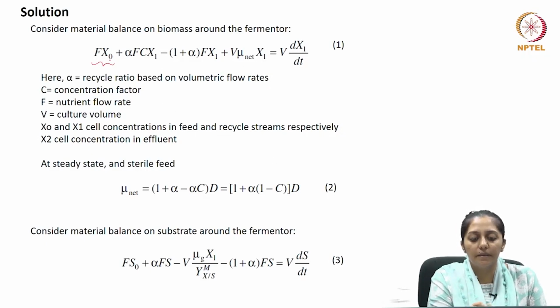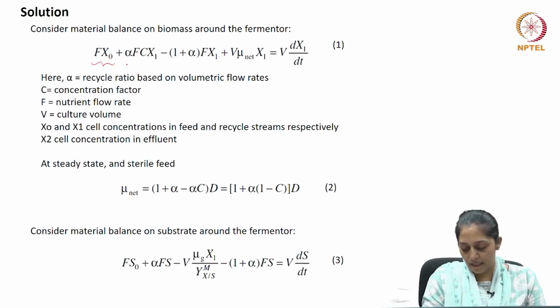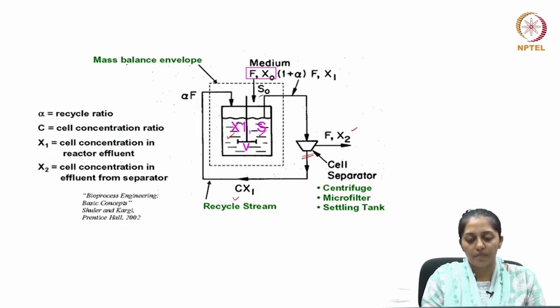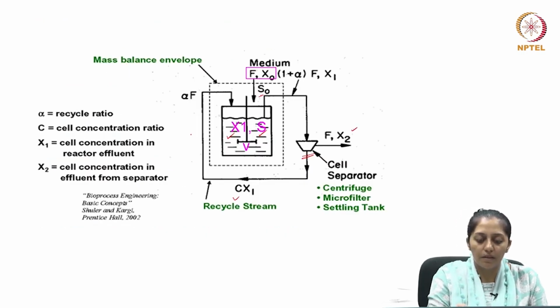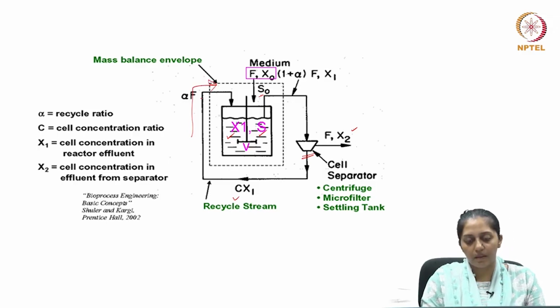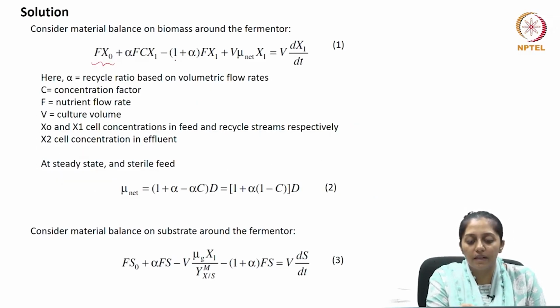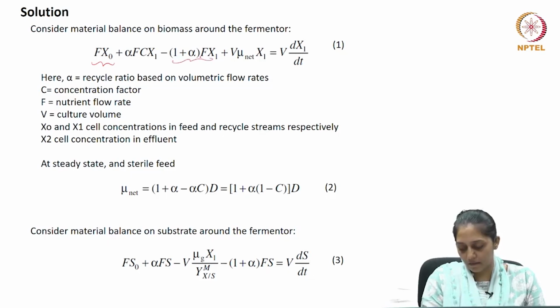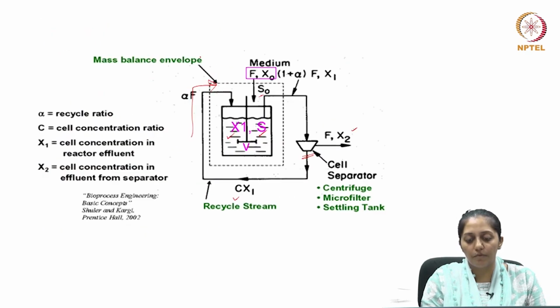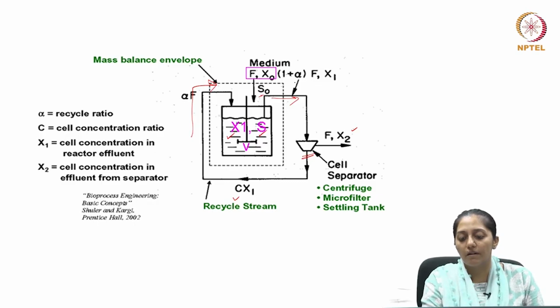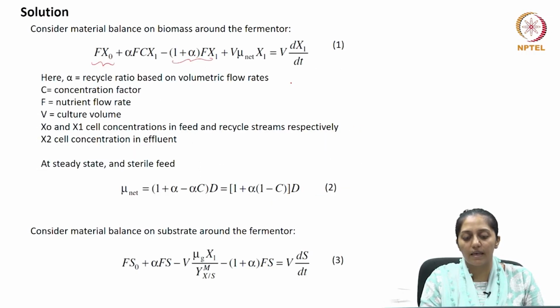So, this is the inlet term. Alpha F Cx1 is another inlet term, coming from the recycle stream, and this is the rate at which the biomass is going outside the reactor in the reactor effluent stream. So, (1 plus alpha) times F is the flow rate of the exit stream with substrate concentration S and biomass concentration X1.